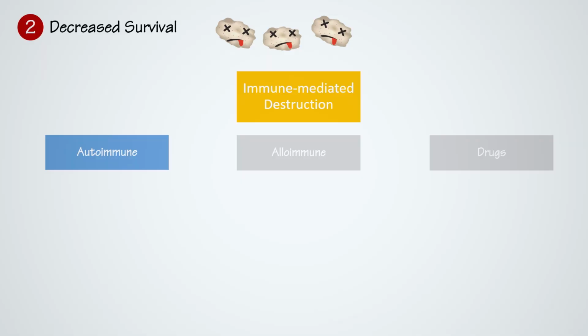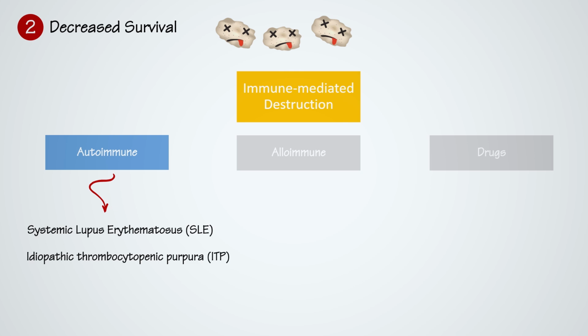A similar response can be seen in the autoimmune disorder that is causing aberrant immune responses such as systemic lupus erythematosus or SLE. And in idiopathic thrombocytopenic purpura or ITP, antiplatelet autoantibodies are observed to destroy the circulating platelets.